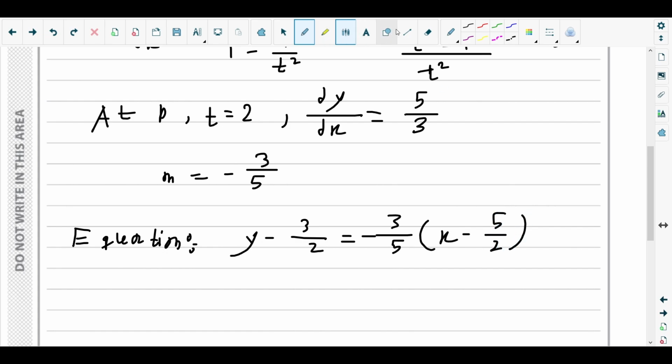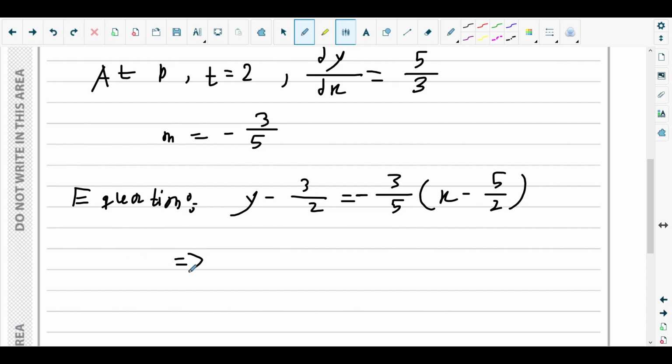Right? So that's it. Now just multiply. At first multiply, then we will see what we need to do. So we get negative 3 over 5 x plus, the 5 cancels out, plus 3 over 2.